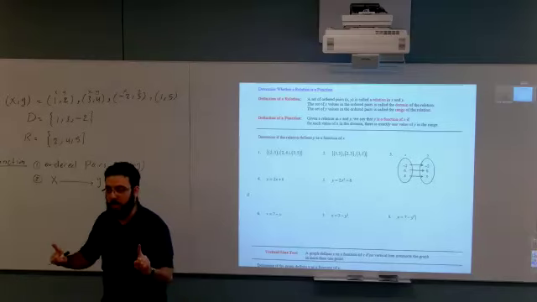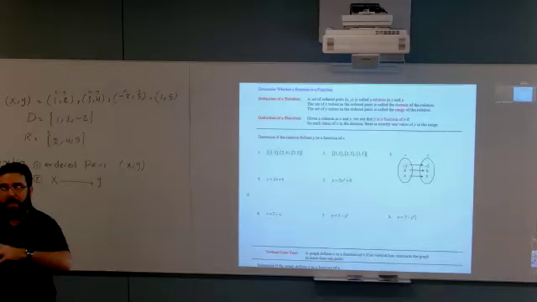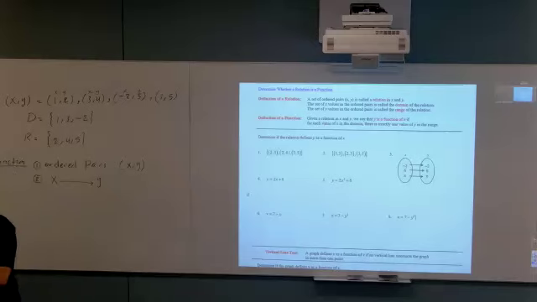This is the only condition that makes the relation not a function: when one person goes to two places, that's not going to happen. So this condition makes the relation not a function.